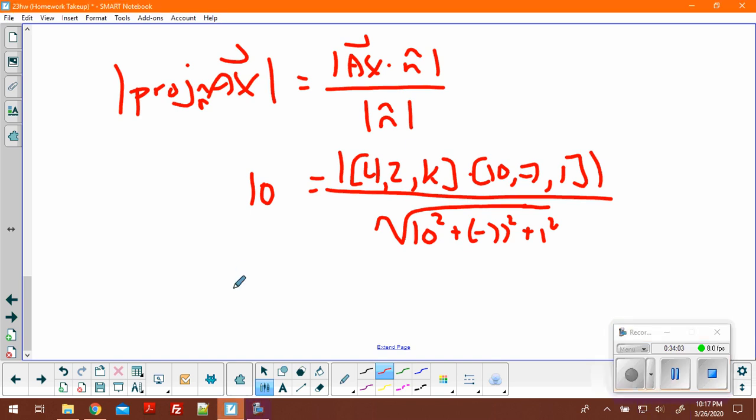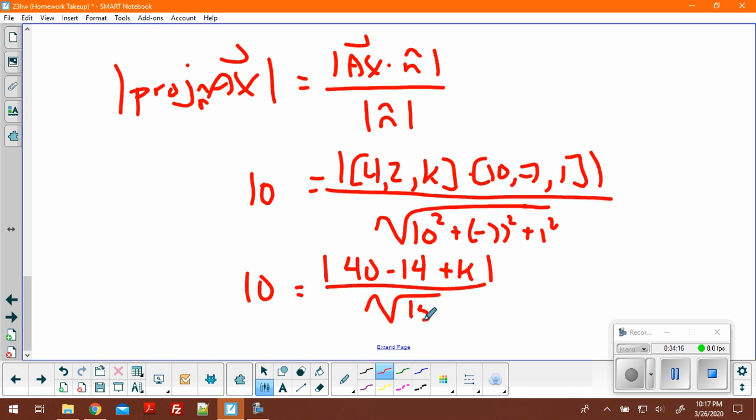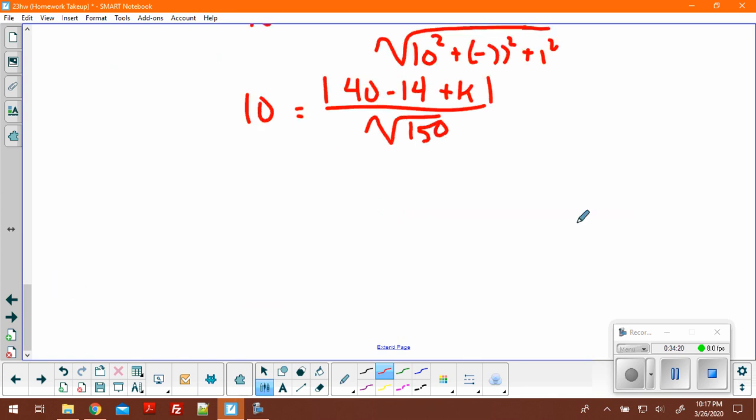So 10 equals the magnitude of 40 minus 14 plus k over square root of 150. So 10 times square root of 150 is equal to the magnitude of 26 plus k.